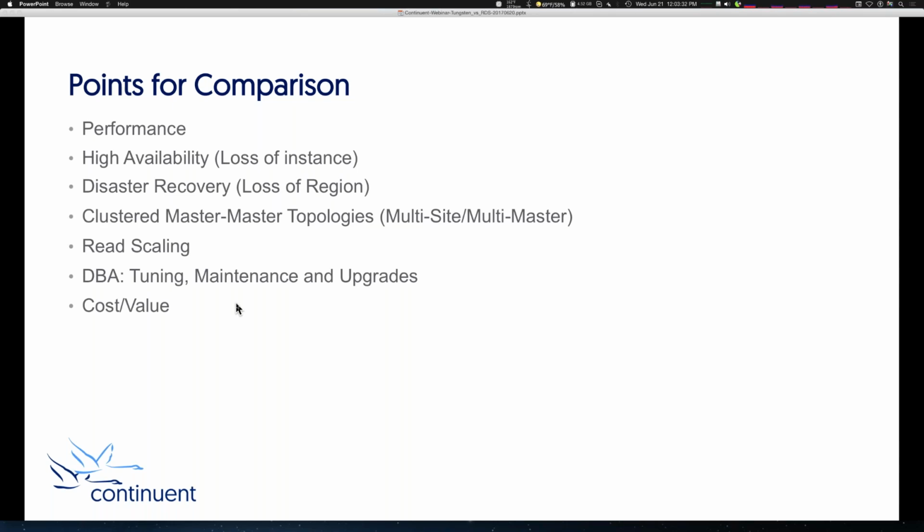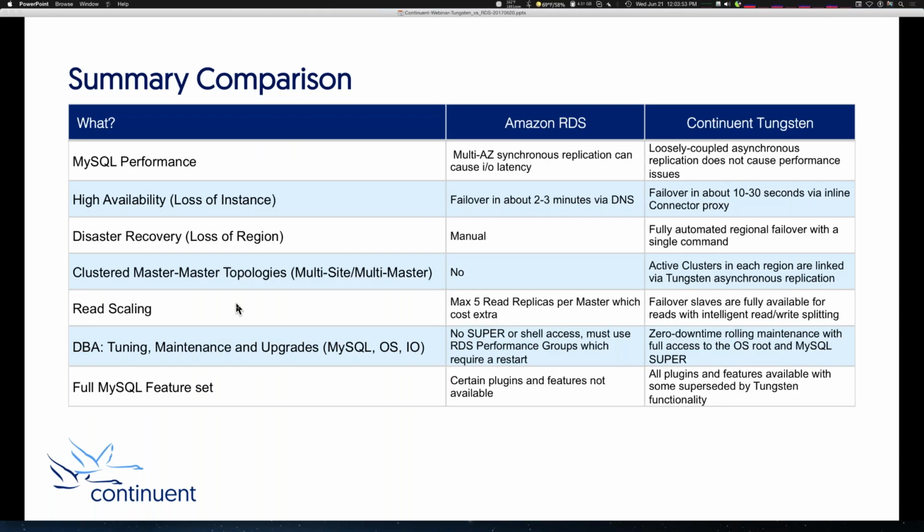Please note, of course, that this comparison takes a MySQL RDS deployment and compares it to Continuent Tungsten running on Amazon EC2 instances. So there's a lot of similarity in the underlying infrastructure. It's simply a matter of the offering and the management thereof. So let's proceed.